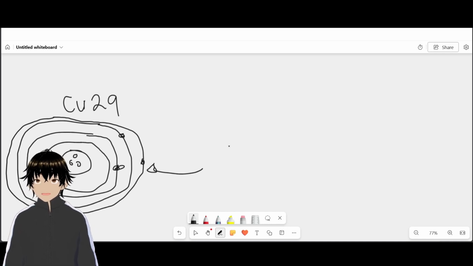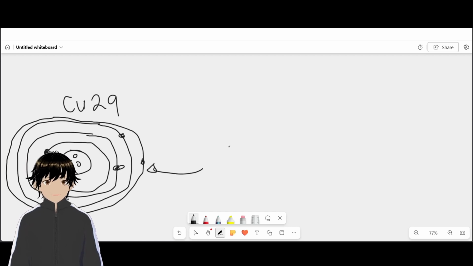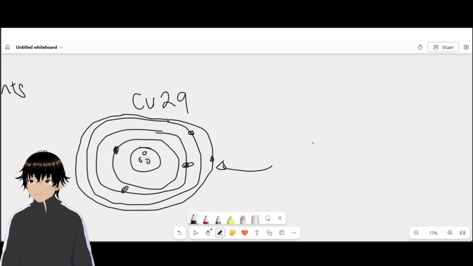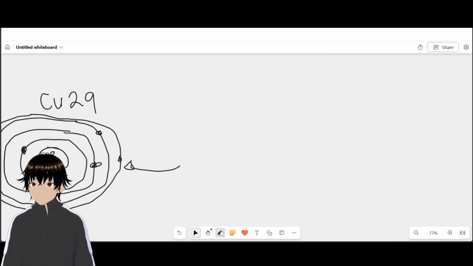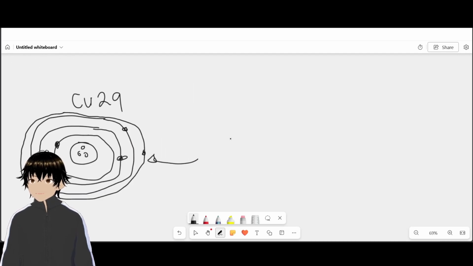When we extract an electron from a copper atom, we can use that electron in order to create positive or negative charge.